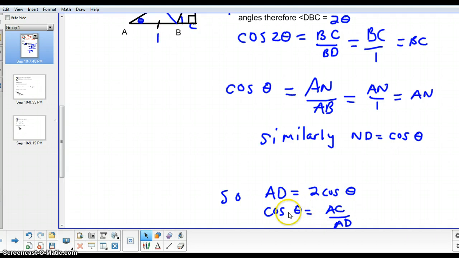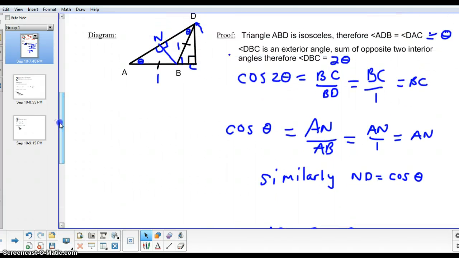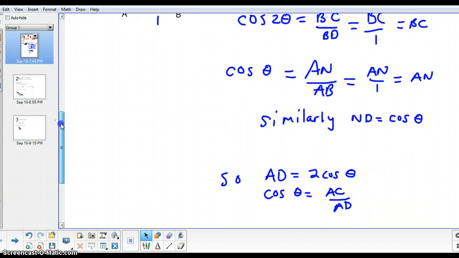Then we can also look at cosine theta in the relationship of this entire triangle, and we can say that it is AC, that would be the adjacent, using this right angle, over AD, using that hypotenuse. So that relationship also exists with the bigger triangle.